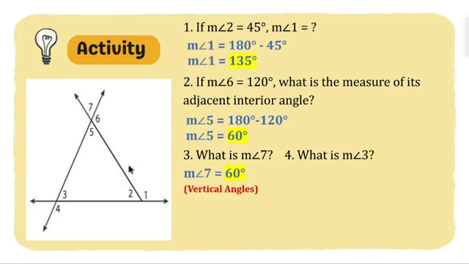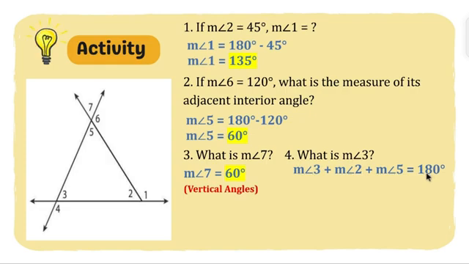Now, if you recall, the sum of interior angles of a triangle, what is its measurement? Okay. Yes, if we're going to add all these three interior angles, we have angle 3, angle 2, and angle 5, we will get 180 degrees because that is the sum of interior angles of a triangle.